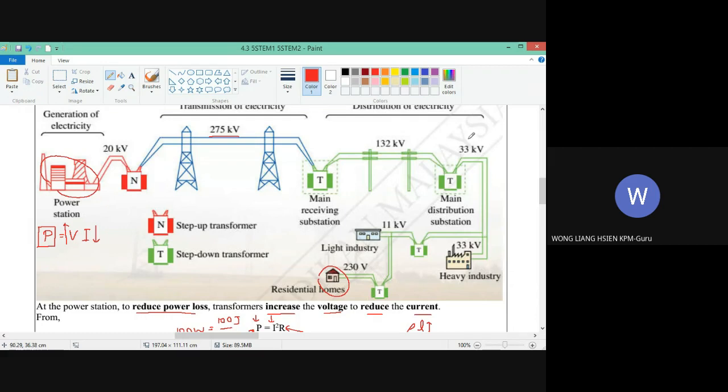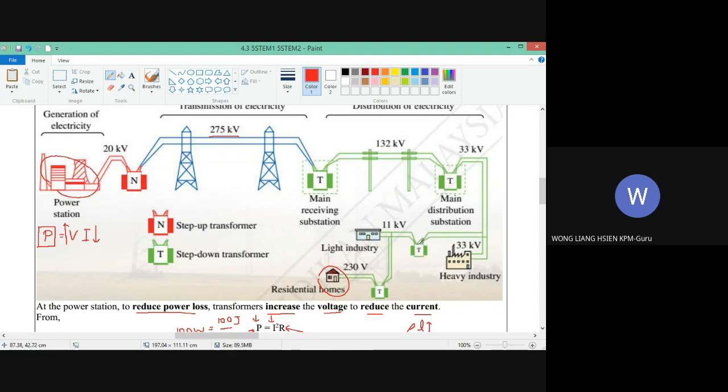So it is distributed in that area, going to a place that is nearer to the destination. Another distribution station with a step down transformer decreases the voltage some more and sends it to an even smaller, specific area, such as heavy industry, at 33 kilovolt. Then it goes to light industry. In the light industrial area, there will be another step down transformer, a branch substation.